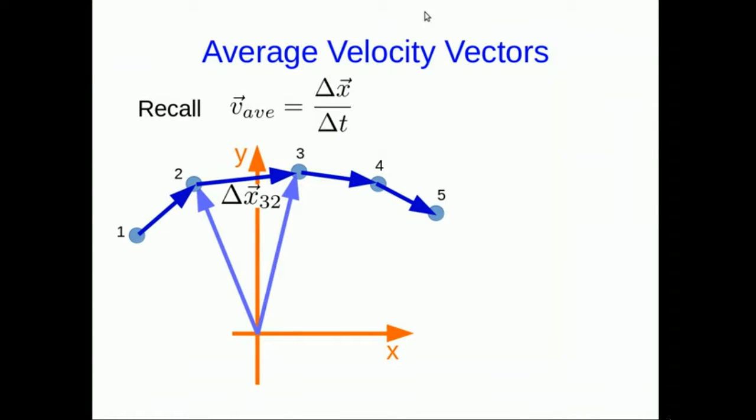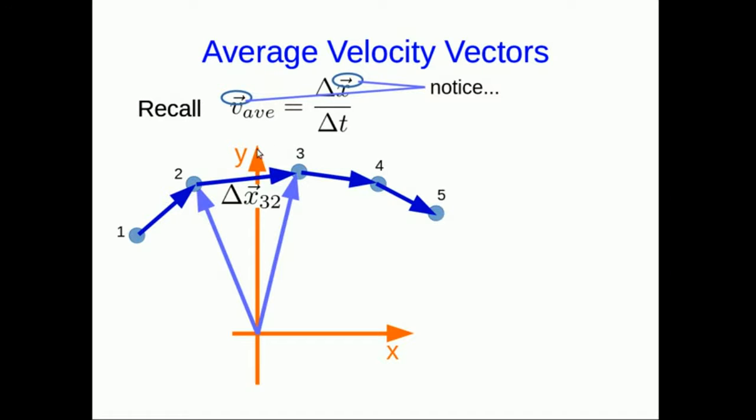So remember that the way we get an average velocity is by the displacement over the time interval that that displacement takes place in. Only before we didn't have vector symbols on this. And so these are just reminding us that now we have to pay attention to the vector nature of these, whereas before plus and minus was enough to keep track of all the direction information we needed to. But that's not going to be good enough anymore.